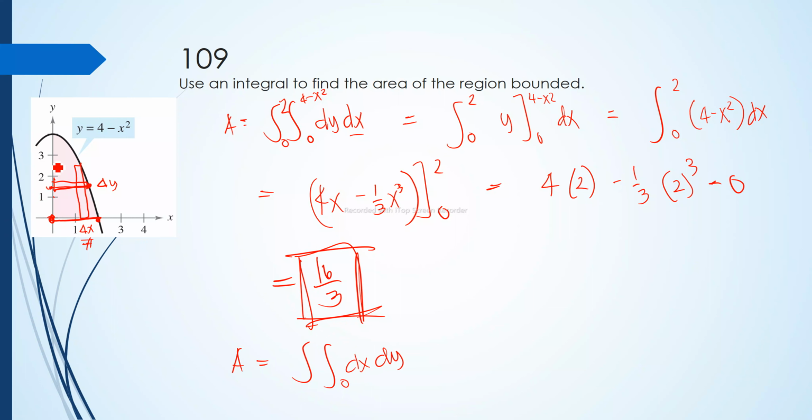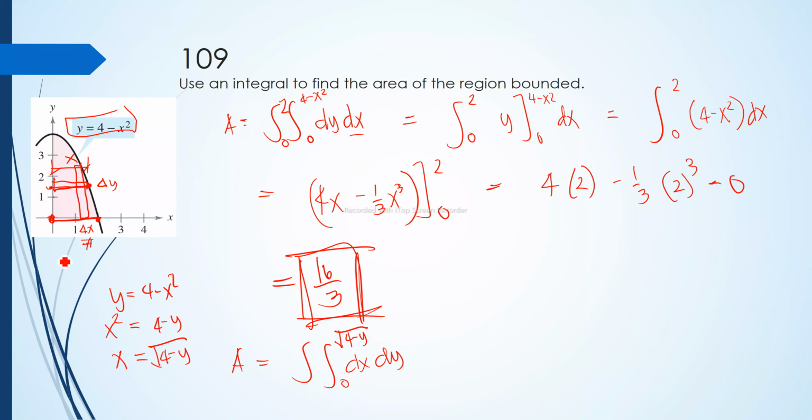So the length of x here is governed by this equation. We have y is equal to 4 minus x squared. x squared is equal to 4 minus y. Therefore, our length x is equal to the square root of 4 minus y. So you have the square root of 4 minus y. This is the inside limit.